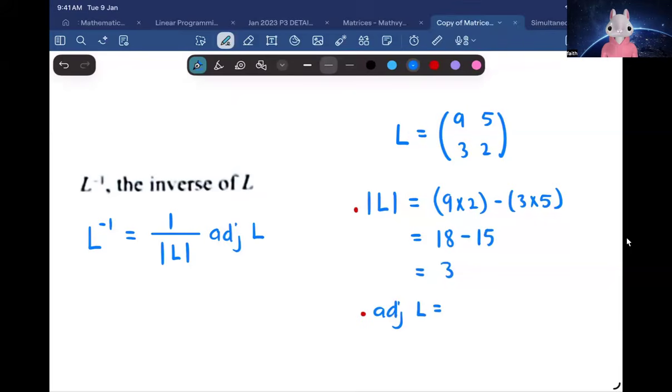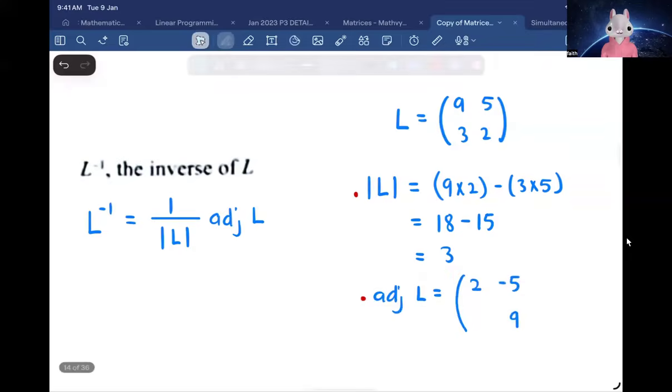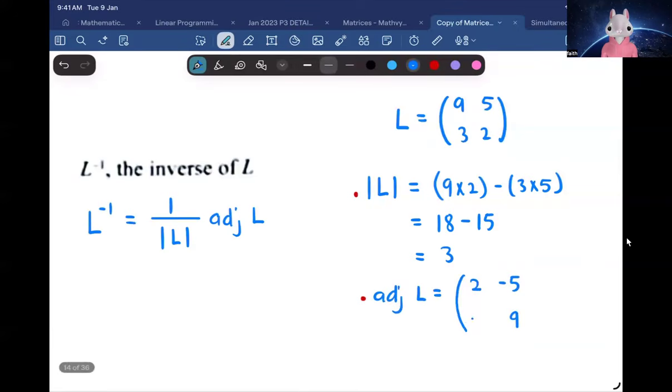So I'm going to swap these two. You see, I swapped them there. And for the other diagonal, I'm going to change the signs. So that 5 is going to turn to negative 5, and that 3 is going to turn to negative 3.